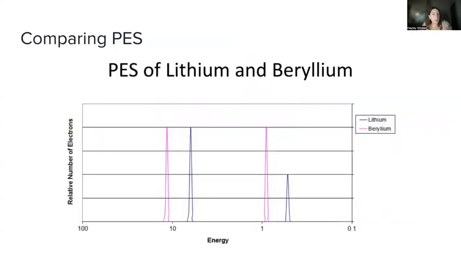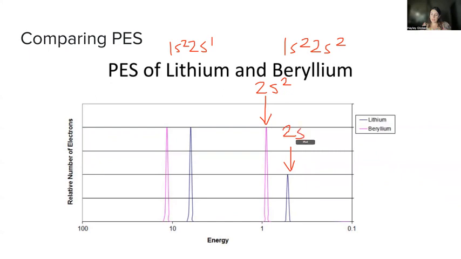Lastly, if we want to compare photoelectron spectra, the key thing here is identifying that lithium and beryllium have similar electron configurations. Lithium is 1s2, 2s1. Beryllium is 1s2, 2s2. So the key difference is that we can identify this is beryllium because there are 2 electrons in its 2s orbital, as opposed to lithium, where it's 2s1.